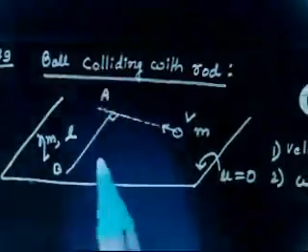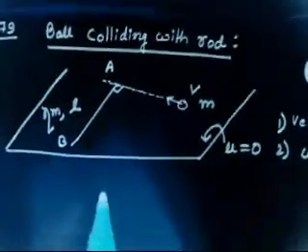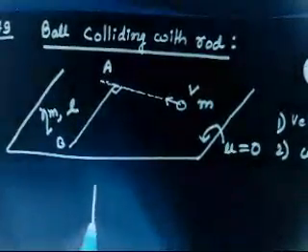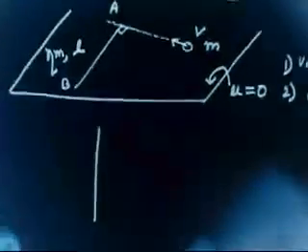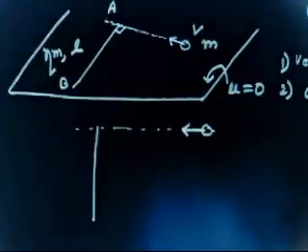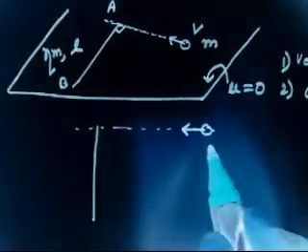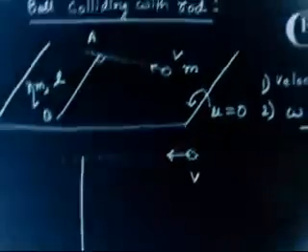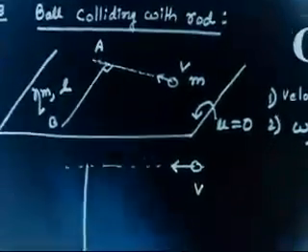If I look from the top, the same diagram will look something like this. There is a rod that is kept, and there is a disk that is coming on this line. Initially this is coming with velocity v that is given in the problem. This is kept at rest. Mass of this is m.